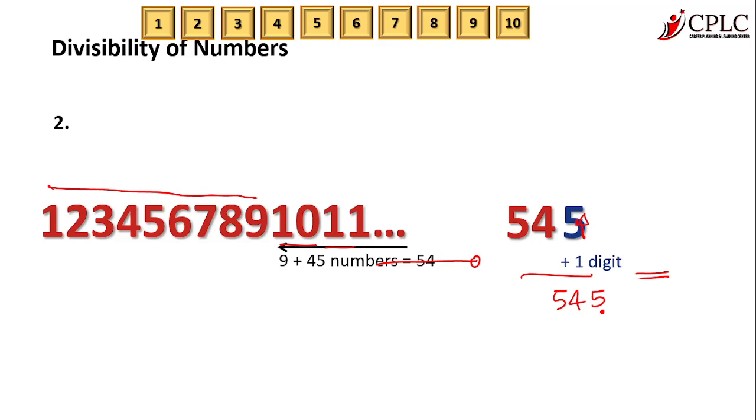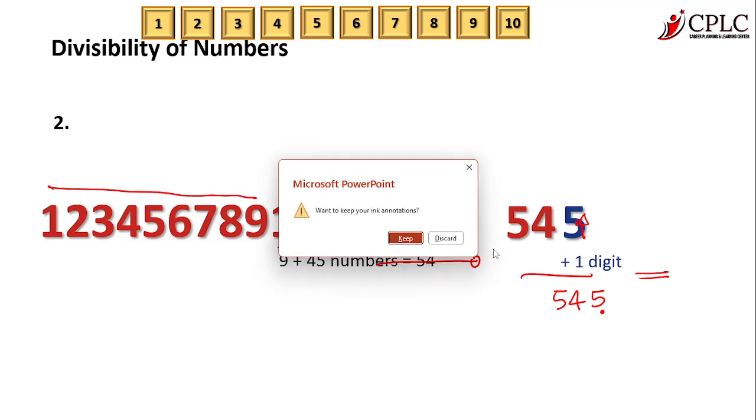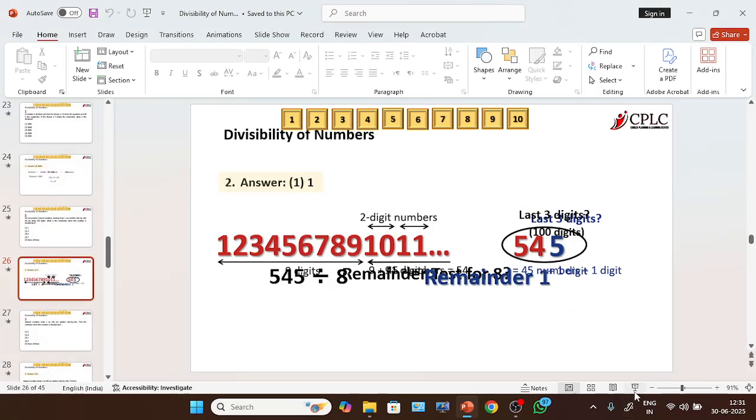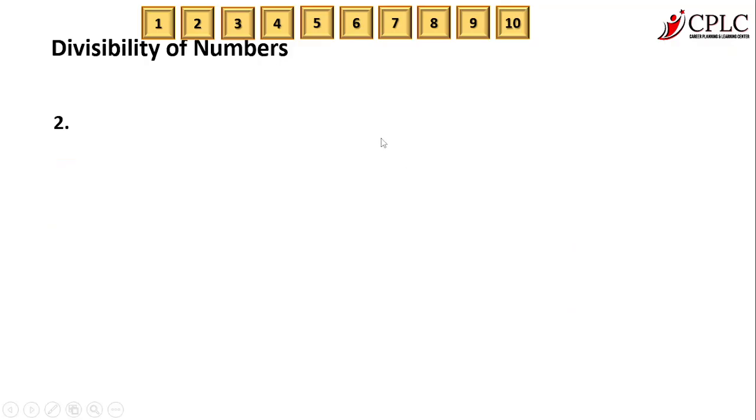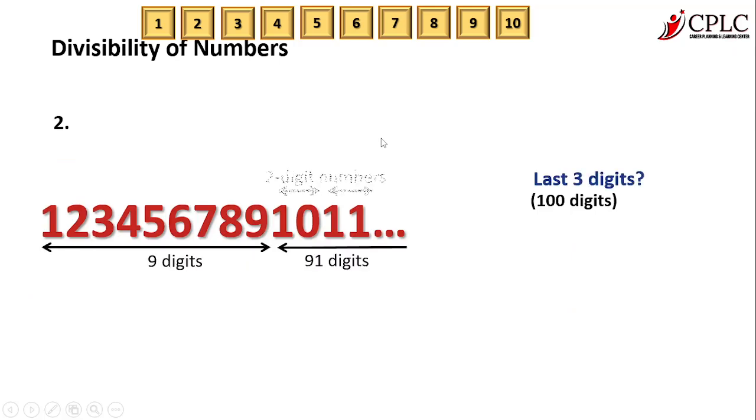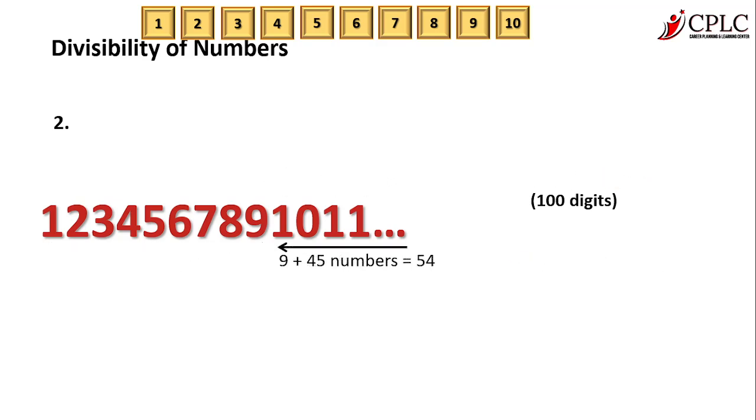And that is how you come to know that the last three digits of the number are 545. So the last three digits of your number are 545, and the divisibility test of 8 is that the last three digits have to be divisible by 8, for example.